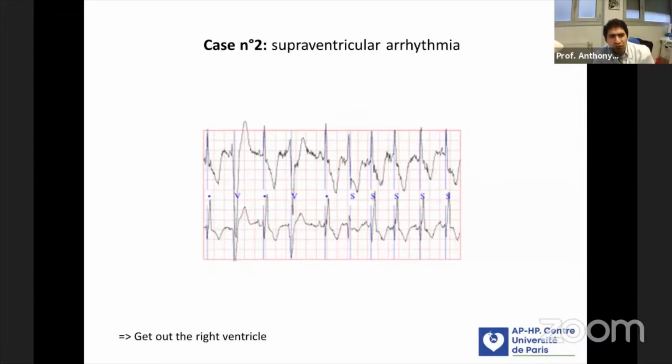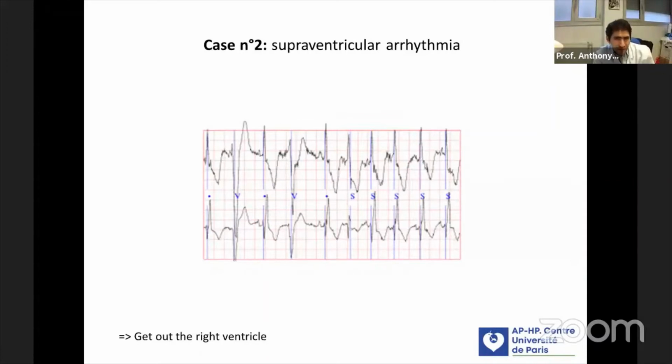But usually, when your sheath is inside the right atrium and goes from the superior vena cava to the inferior vena cava, it will disappear. So what you have to do when you have an arrhythmia is to get out of the right ventricle as fast as possible.